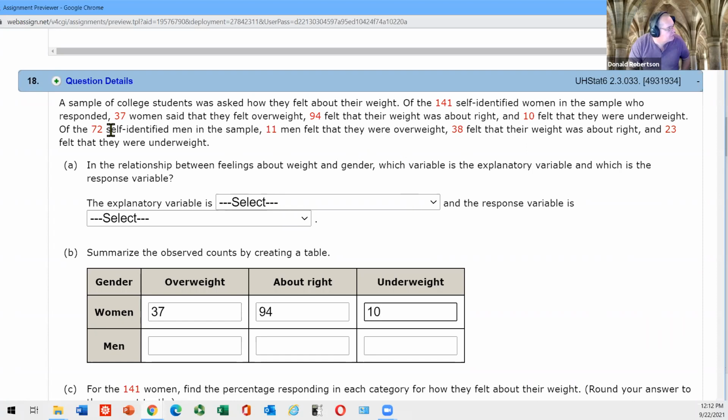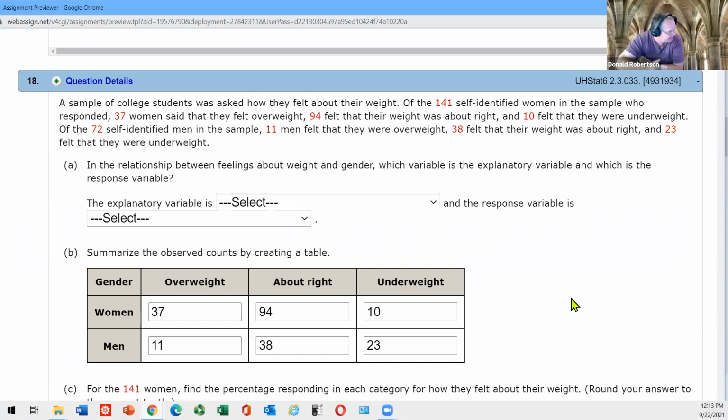And then they asked 72 guys the same question, and 11 guys, 38 in this category, and 23. Right, that is what we call the raw data. Now, it's difficult to make comparisons between what men and women think of their bodies based on that data, because there's a different number of men and a different number of women. Agreed?